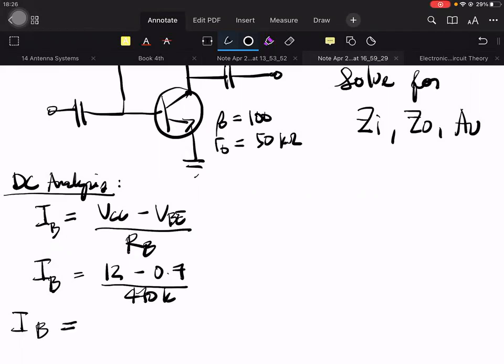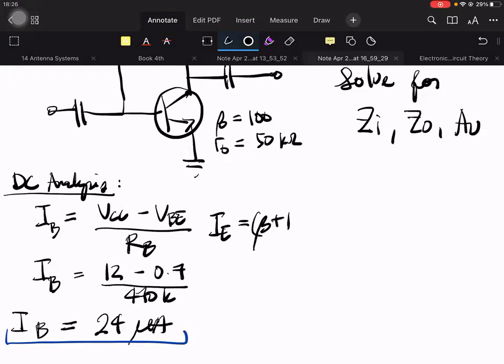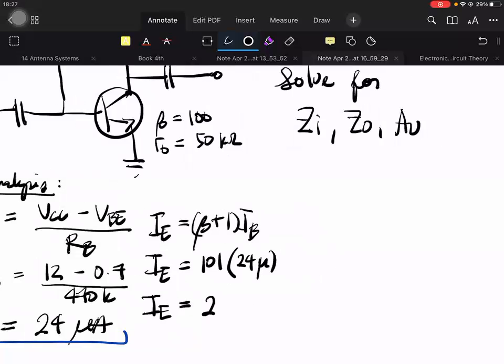IB is equal to 24 microamperes. Next, solve for IE: beta plus 1 times IB, so 101 times 24 micro, which is 2.43 milliamperes more or less. So that's IE.